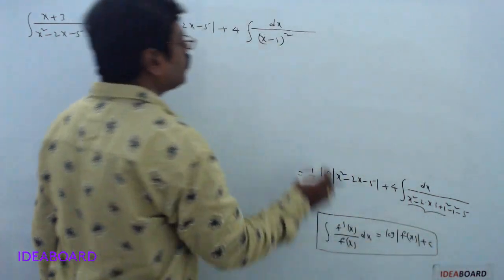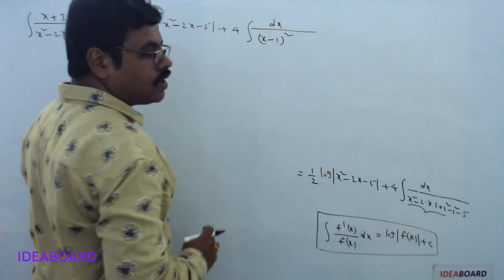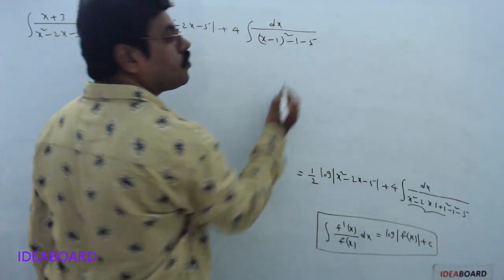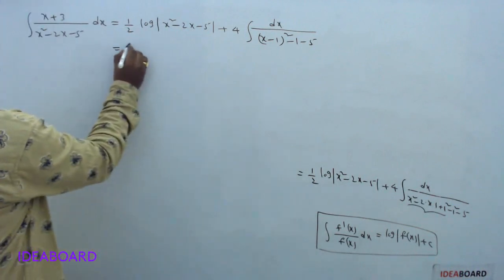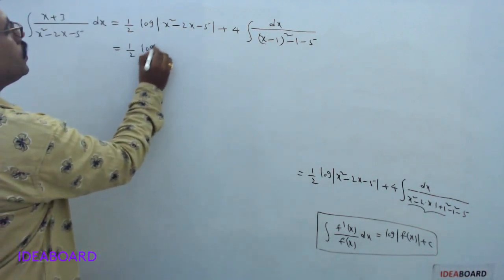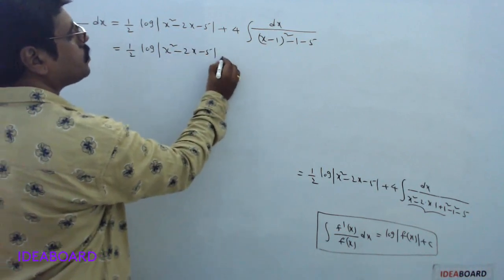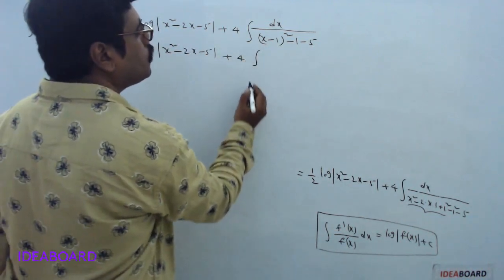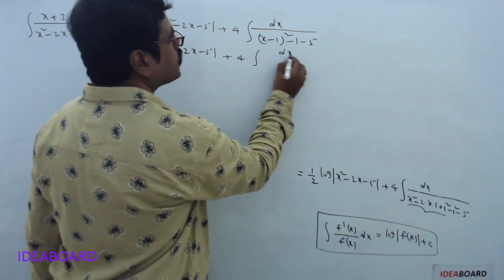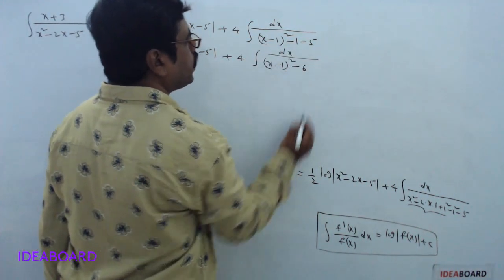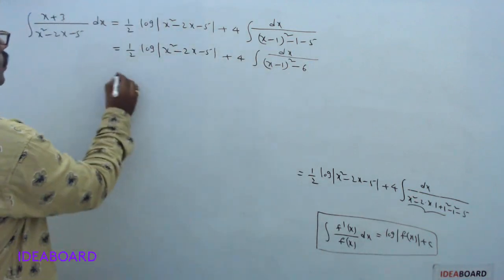So these three terms can be taken as (x − 1)². This is minus 1 minus 5. Now this is equal to 1/2 × log|x² − 2x − 5| + 4 × ∫ dx/((x − 1)² − 6).